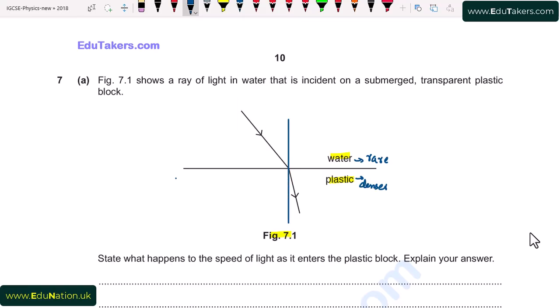We can see here the angle of incidence and the angle of refraction. Angle of incidence is larger than angle of refraction, which means that when a ray of light enters into the plastic, it will bend towards the normal. It means that when it bends towards the normal, its speed decreases.